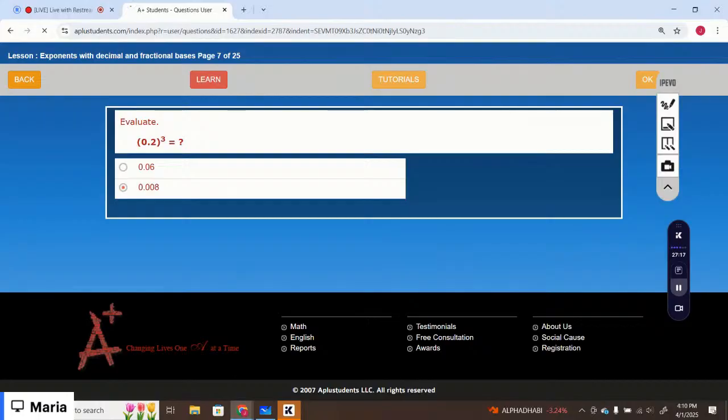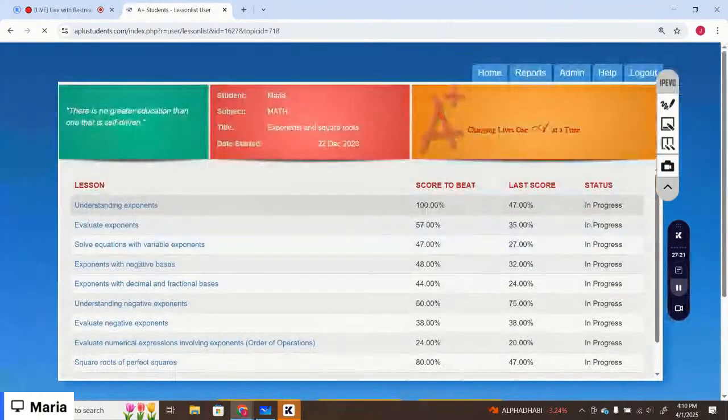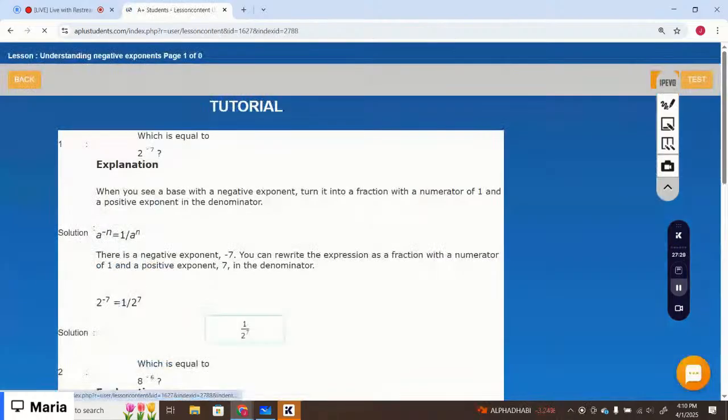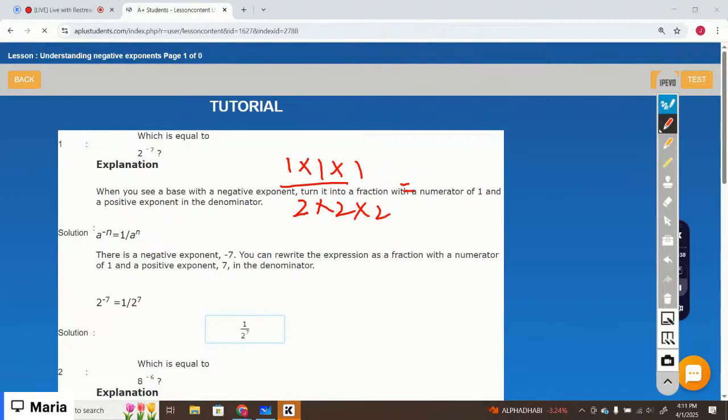Let's move on to the next lesson: understanding negative exponents. Which is equal to 2 exponent negative 7.